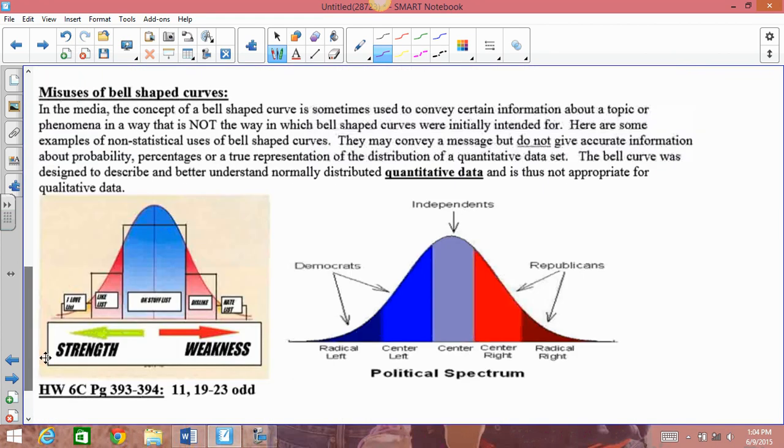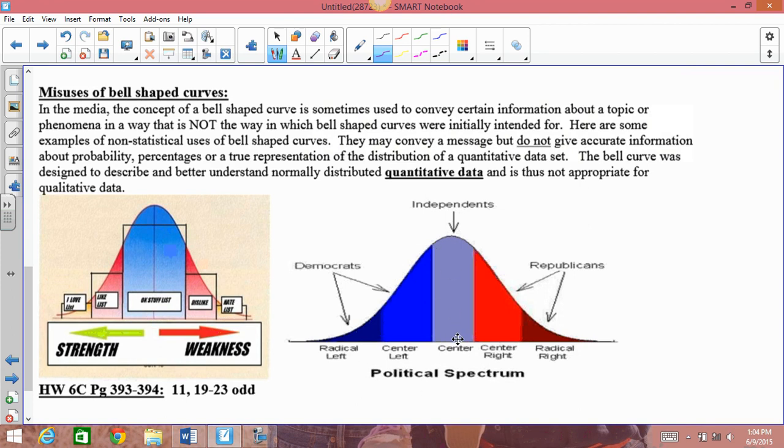And then lastly, even with everything that's used correctly, there are still things that are used incorrectly, and the bell-shaped curve is not immune to that. Things that aren't measurable here, for example, strengths and weaknesses, just trying to put weaknesses on the right and strengths on the left, with most people okay with things right in the middle, is not a good representation of using a bell-shaped curve.